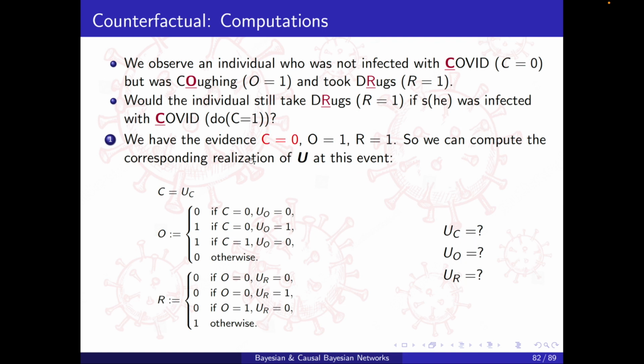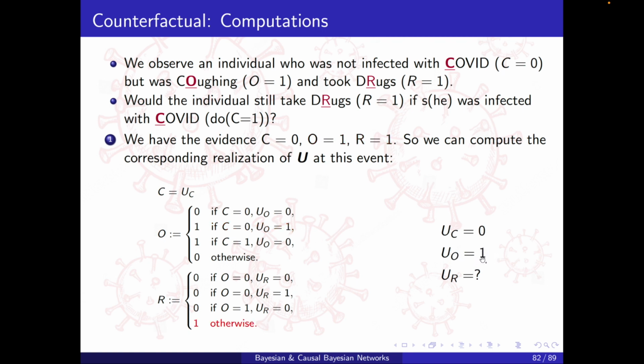Well, I start by C equal to 0, so therefore UC should be equal to 0. From the second equation, O is 1, and UC and C is 0. So from here, I can conclude that the second case is in force. So therefore, UO is 1 as well.